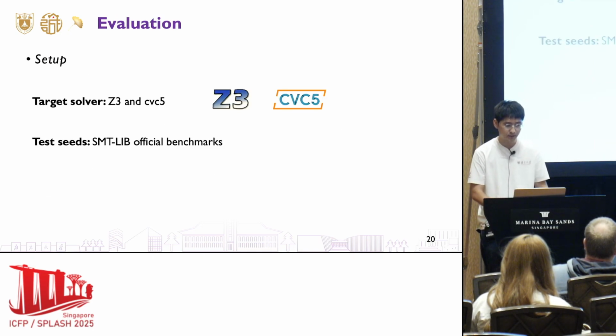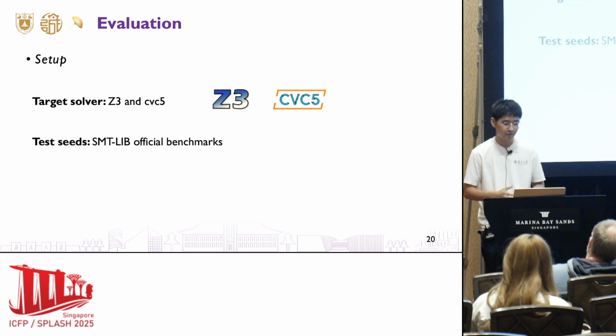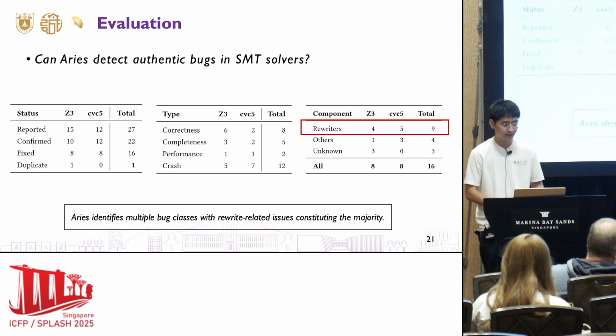Finally, we implemented our approach as a practical testing tool called Arrays. We evaluated it on two state-of-the-art SMT solvers, Z3 and CVC5, using the seed formulas from the SMT-LIB official benchmarks. Here's the result.